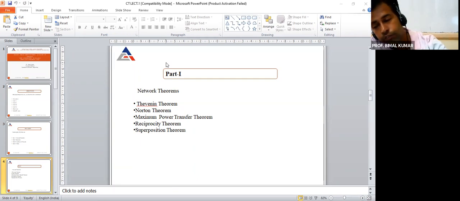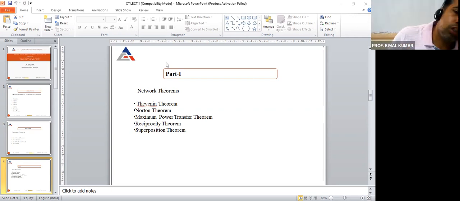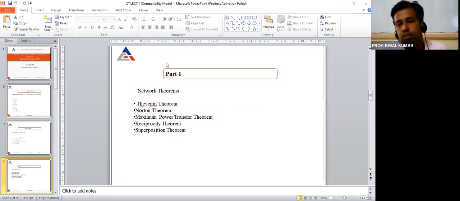Thevenin and Norton are duals of each other. That means almost half of the steps to calculate voltage or current across any part in case of Thevenin and Norton theorem are the same.